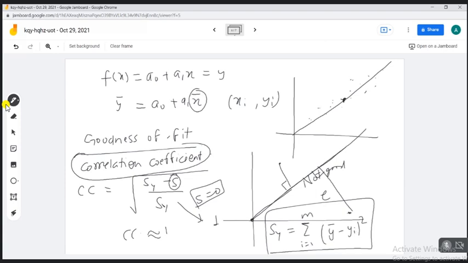So physically what it represents is just how much deviation we have of the data set from the mean. So this is all it is.